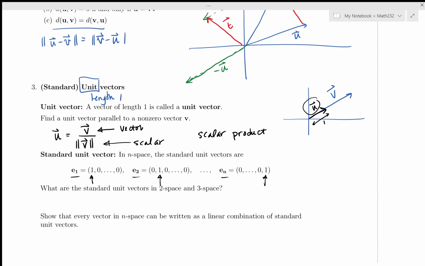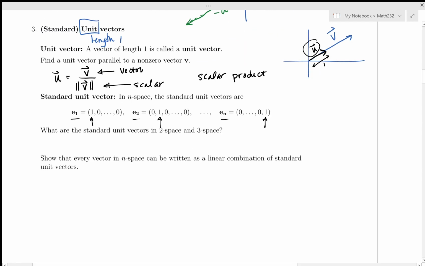Okay, so we have standard unit vectors in two space and three space that we're used to working with, and we have special names for those ones. You will see i, which is this vector here, and j, which is this vector here, and that's in 2D.